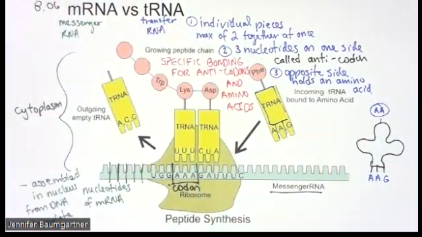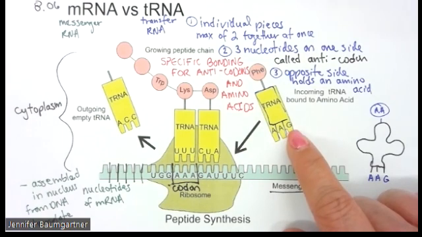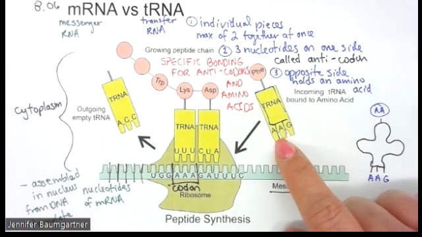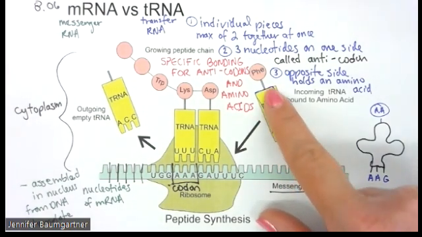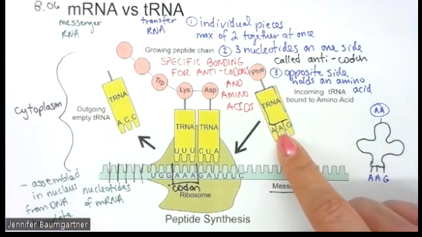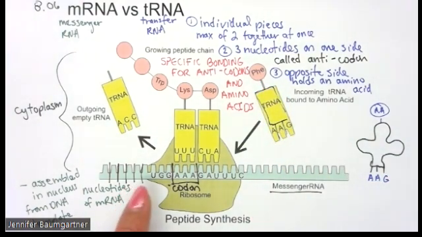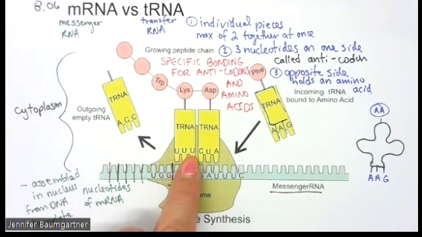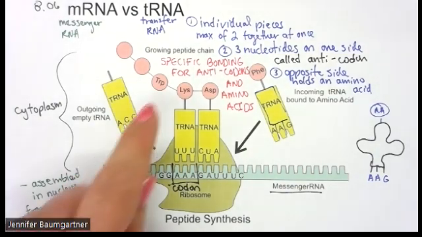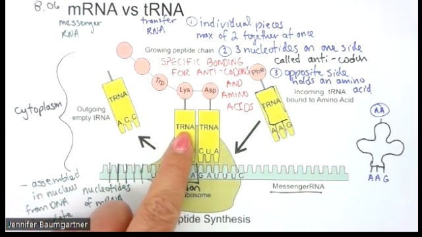Scientists figured this out by sticking a molecule of tRNA into a dish with all of the amino acids and then analyzing and seeing which amino acid was gone. So they took a tRNA that they knew had AAG in it, and they tossed it into this big dish of amino acids. And when they analyzed it, all the phenylalanine was gone. And then they took a tRNA molecule that had a UUU on it. They tossed it into a dish, and when they looked at the amino acids afterwards, all the lysine had been attached and used up.